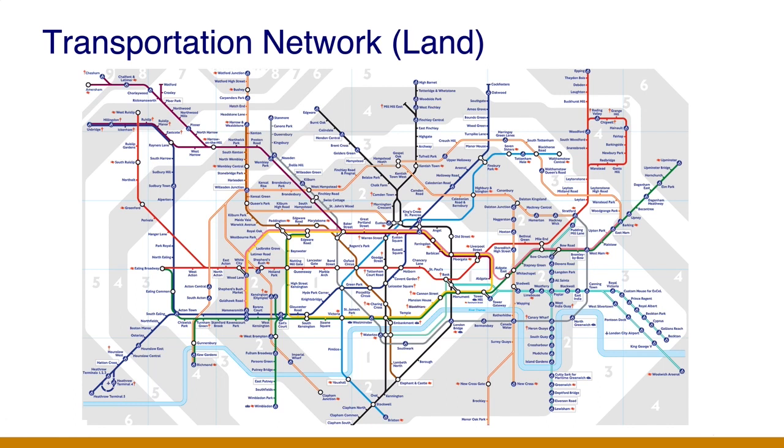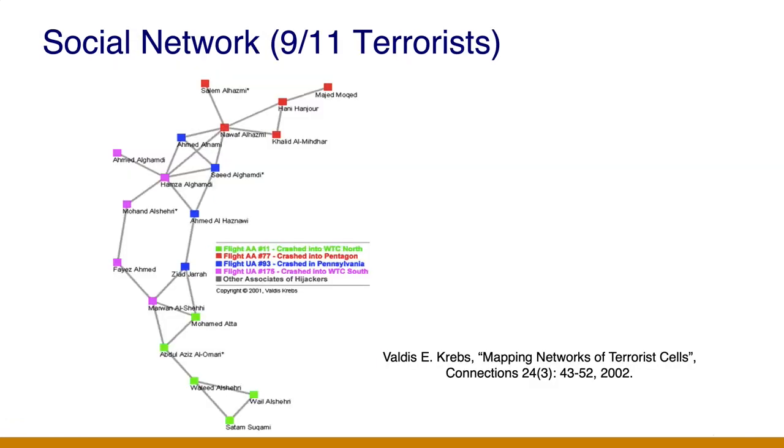Okay, so this is one of the most typical types of graph you will see, the representation of the land transport. I think what you can see over here is one of the more complicated subway structures, and this is from London. Second example over here, this is one of the most famous social networks. This is right after the September 11th terrorist attack.